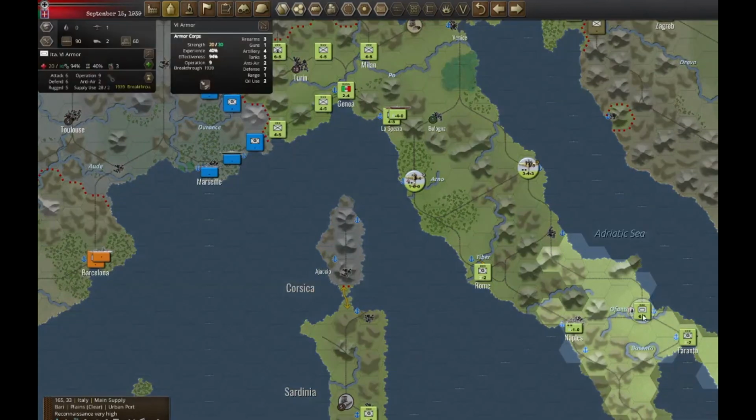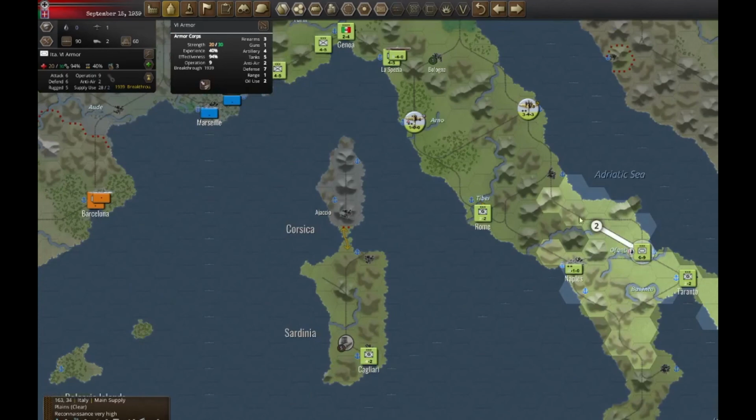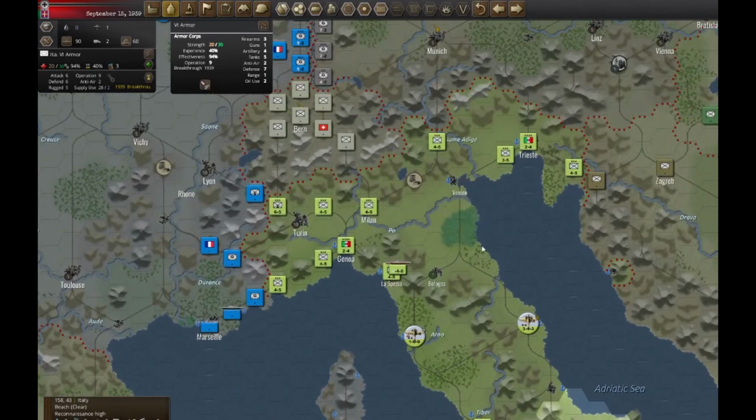If I go to take a look at my armor here, I'm limited to what I can do. It's been reduced in effectiveness when I take a look at it. It can only do half the stuff that it normally used to be able to do. So you can see, I can't move as far as I normally could have moved before I had oil.